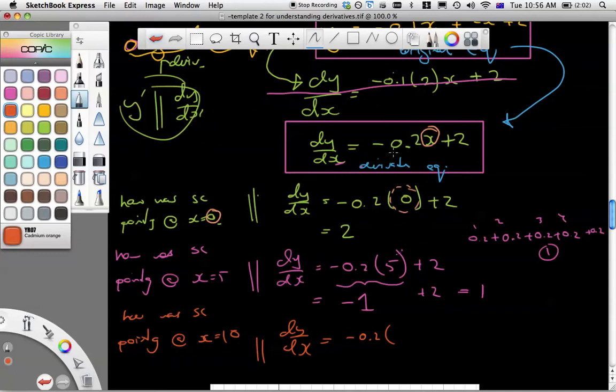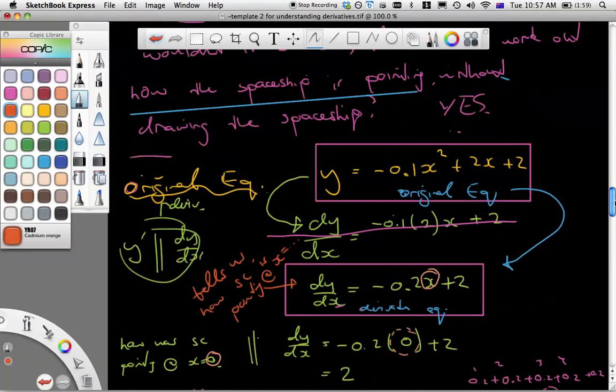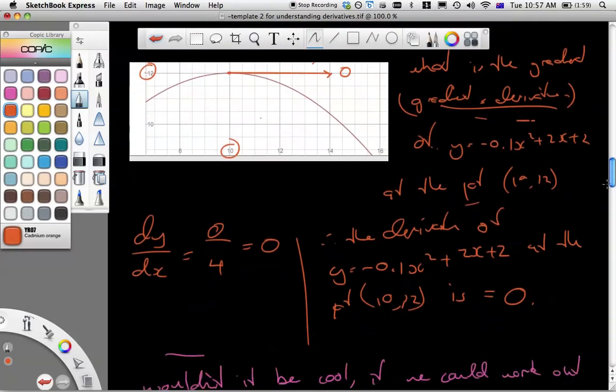Writing out our derivative equation, because the derivative equation tells us how the spaceship is pointing at x equals something. So we've got negative 0.2, we launched it from 10, and we've got our plus 2. And so 10 times negative 0.2 is negative 2, plus 2 equals 0. Spaceship was pointing 0. And was it? Yeah, it was.